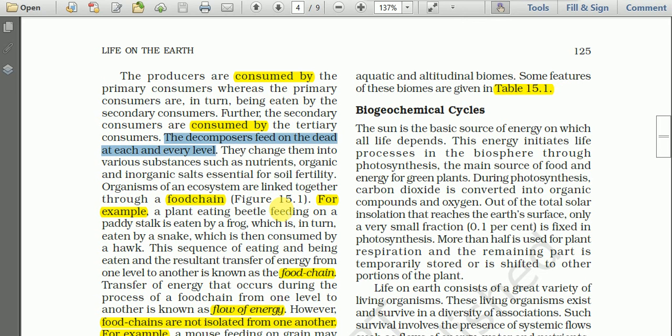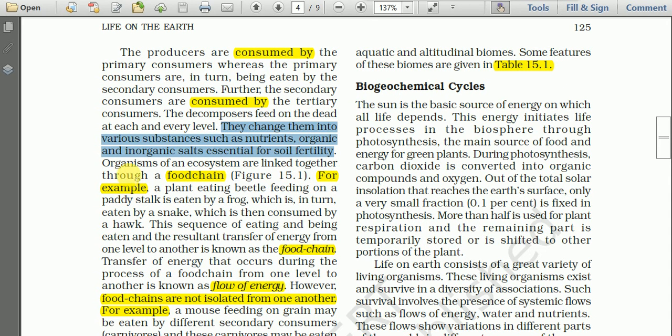Decomposers feed on the dead remains, dead bodies at each and every level, and they change them into various substances such as nutrients, organic and inorganic salts, essential for soil fertility. The byproducts of these decomposers will become part of the soil, and again these soil nutrients will be utilized by the plants again.